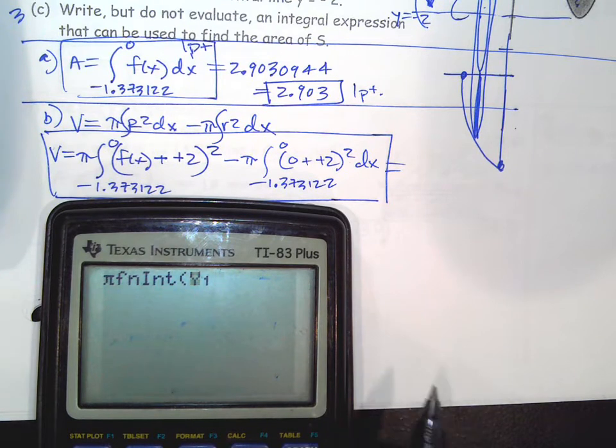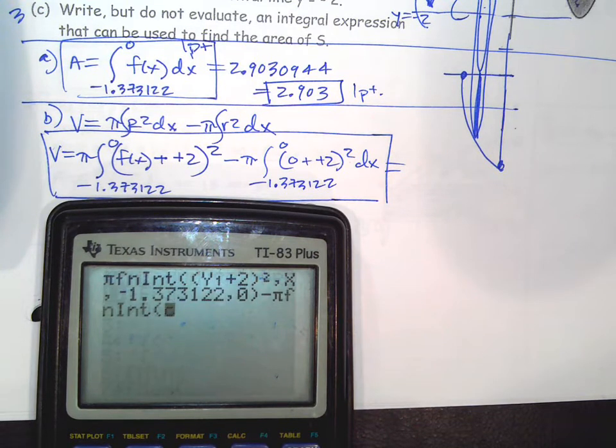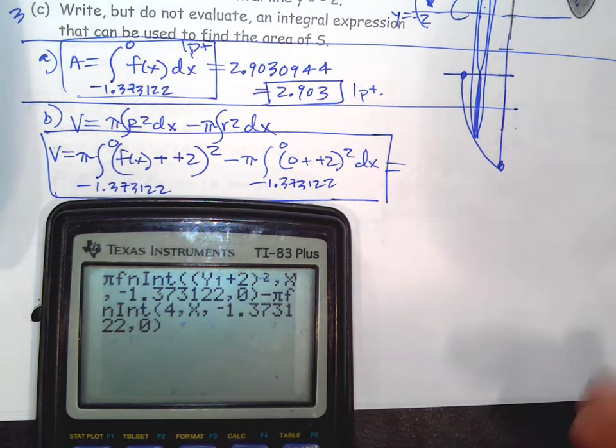We need to put parentheses around it, plus 2, squared, comma x, comma negative 1.373122, comma 0, minus pi, math 9, 4, comma x, comma negative 1.373122, comma 0, close. This should do it.